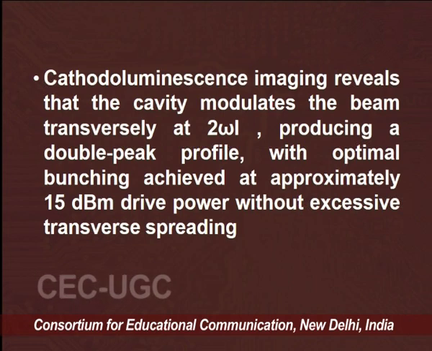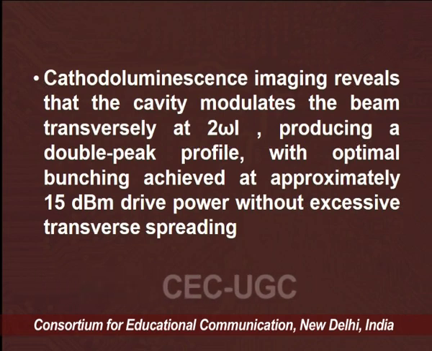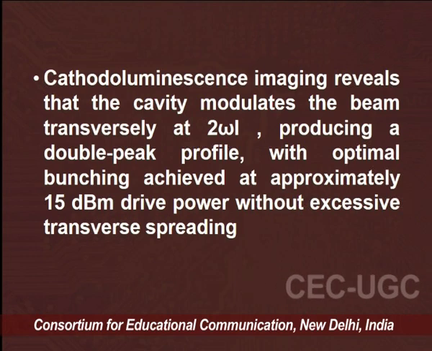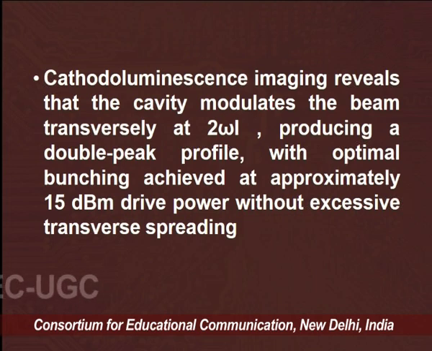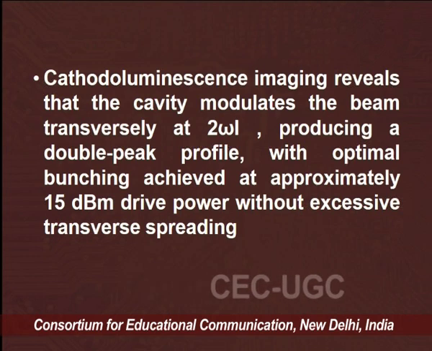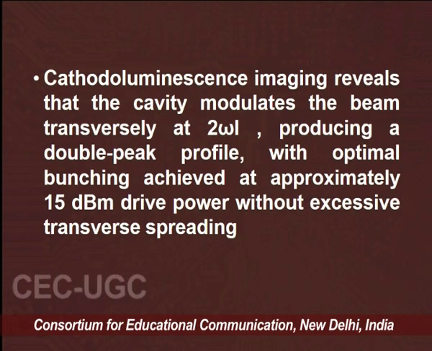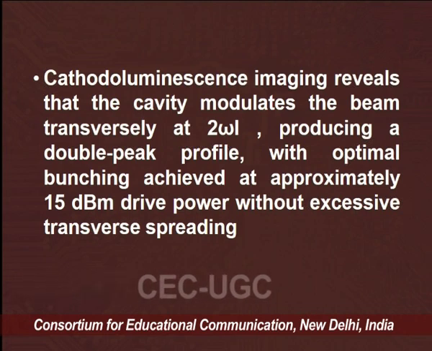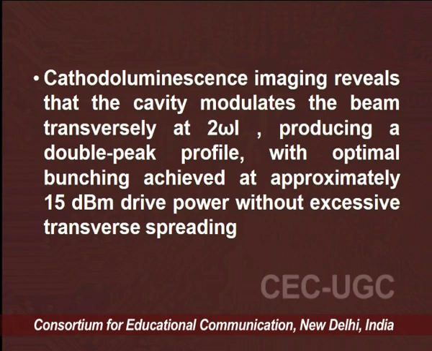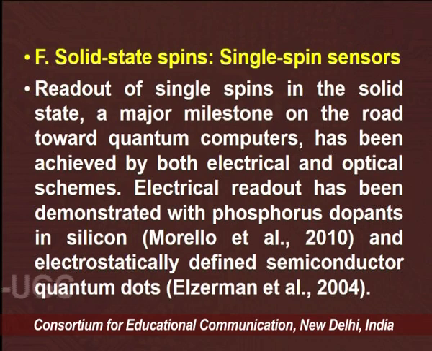The cathodoluminescence imaging reveals that the cavity modulates the beam transversely at 2 omega, producing a double peak profile, with the optimal bunching achieved at approximately 15 dBm of drive power without excessive transverse spreading. So, this is the solid state spin.